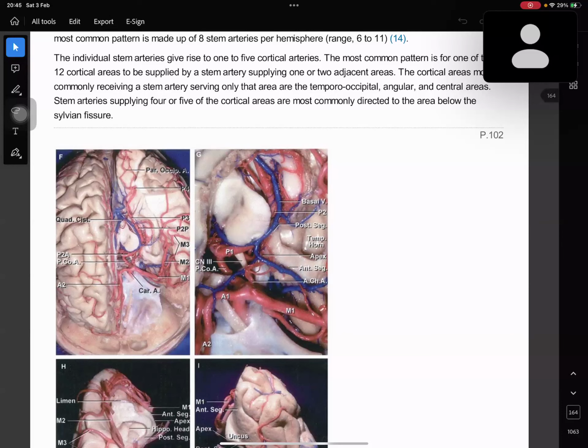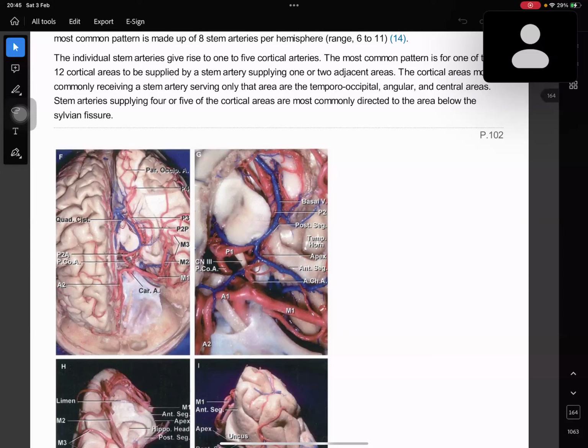As for the P2P, it is a very important artery. The posterior part of the P2 segment usually travels in the ambient system laterally, as you can see, and will be responsible for the arterial vascularization of mainly the hippocampus.